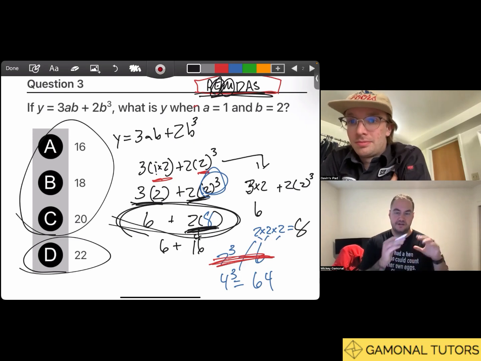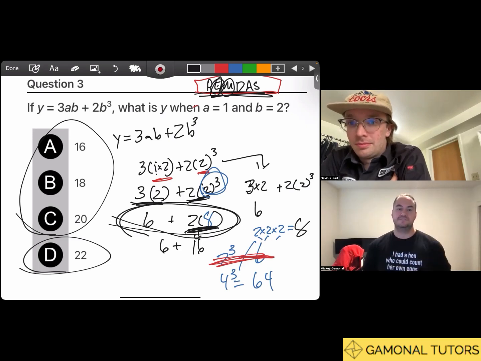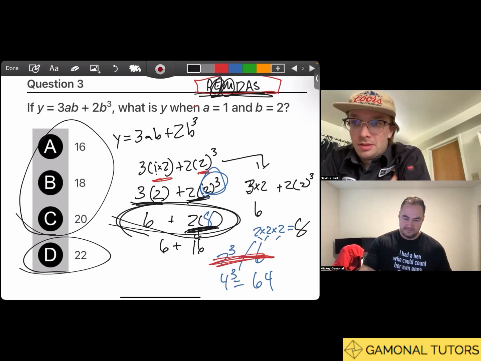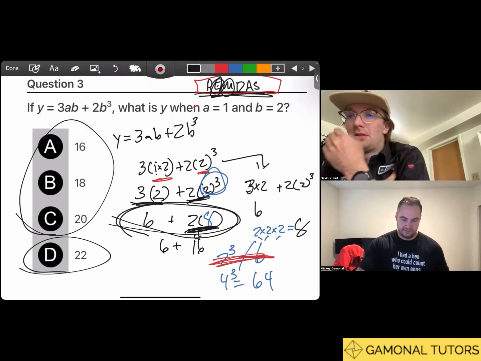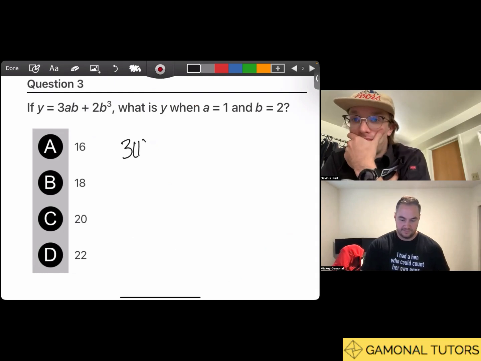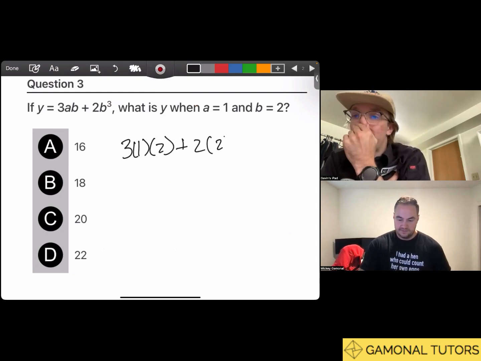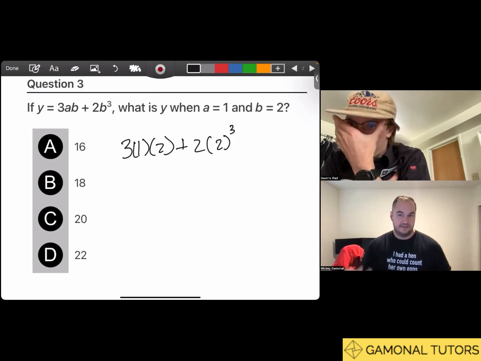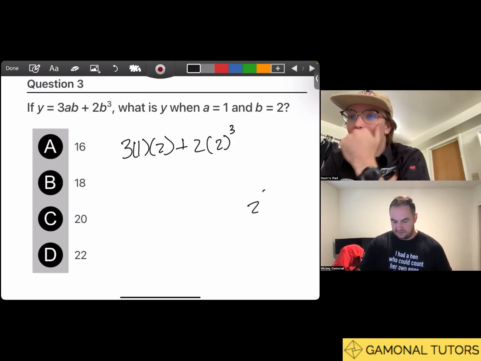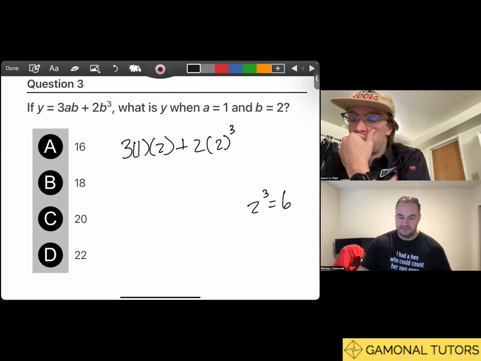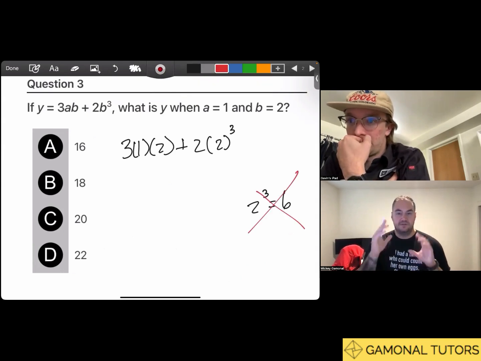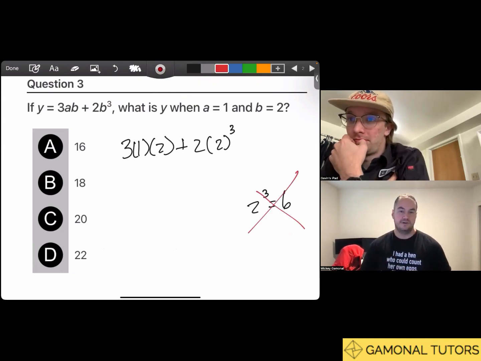All of these other answers are based on you making some sort of a mistake. That's their goal. You can see pretty clearly here: 3 times 1 times 2 plus 2 times 2 to the third. The mistake that everybody's going to make here is they're going to think that 2 to the third is 6. That is not true. So this test is checking, do you know what exponents are?